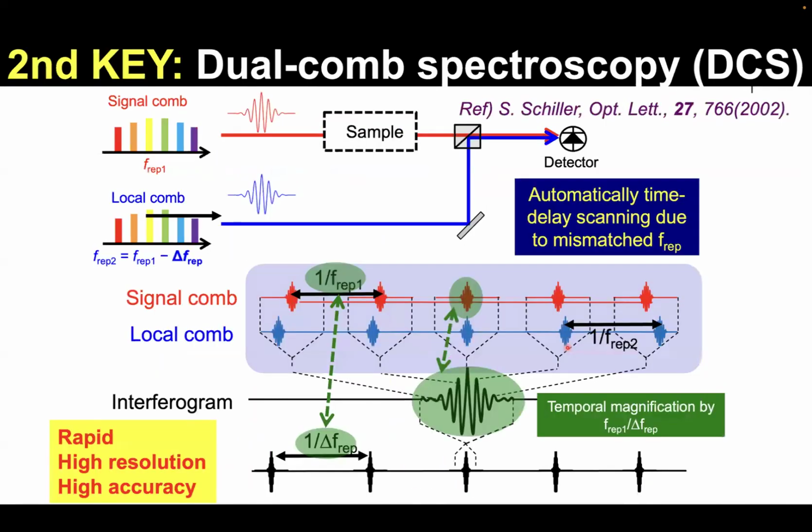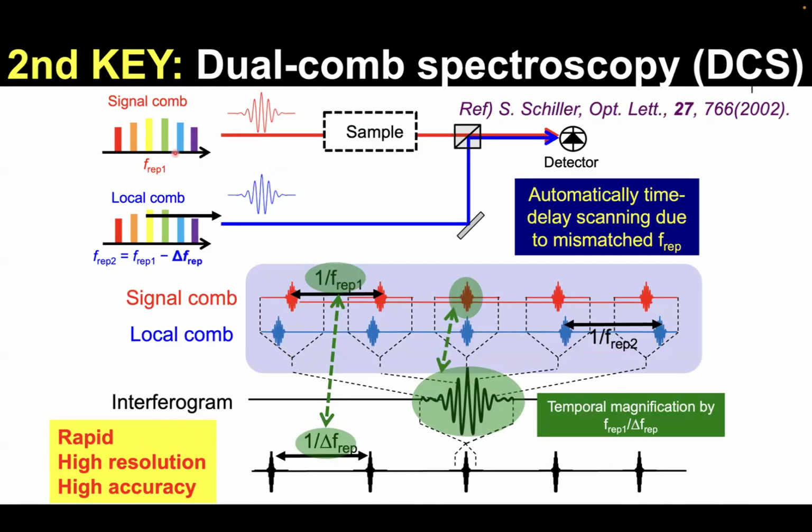Dual-comb spectroscopy, or DCS, is analogous to FTS. However, due to the automatic time delay scanning, it benefits from rapid, high-resolution, and high-accuracy measurement.